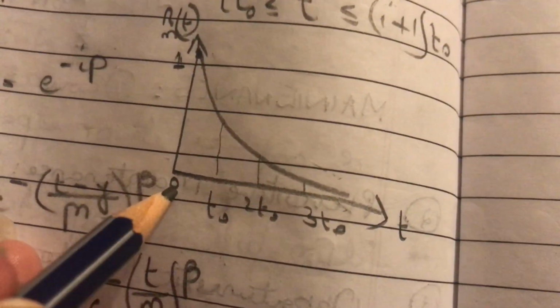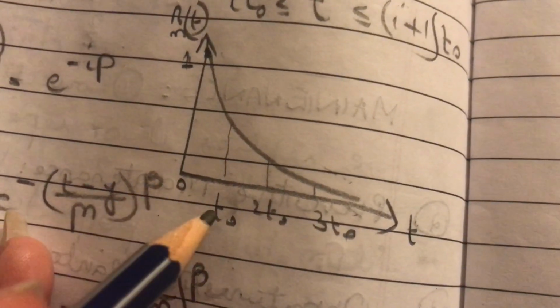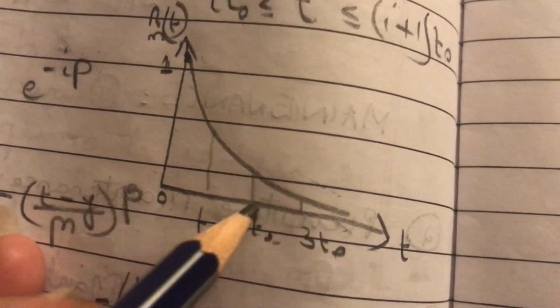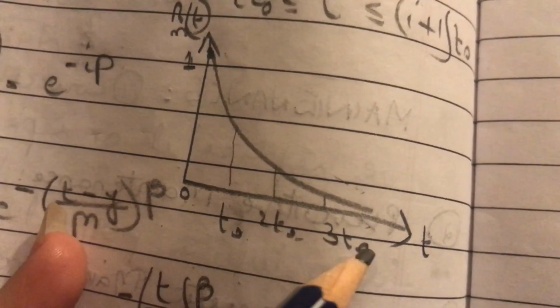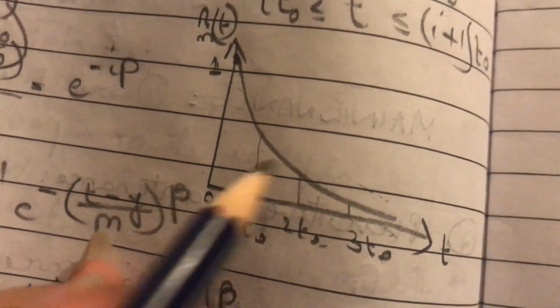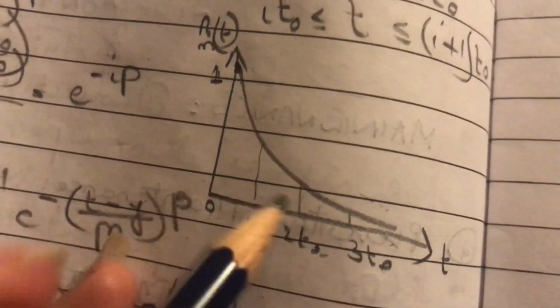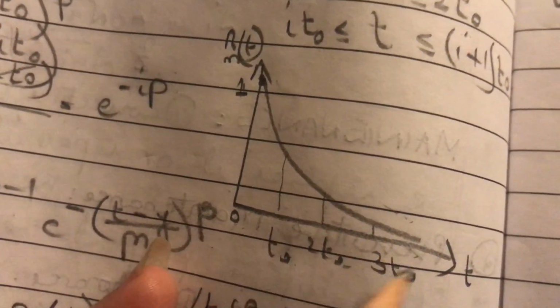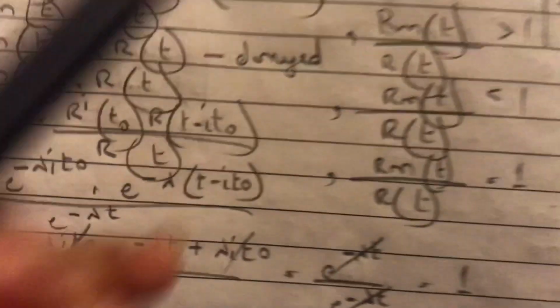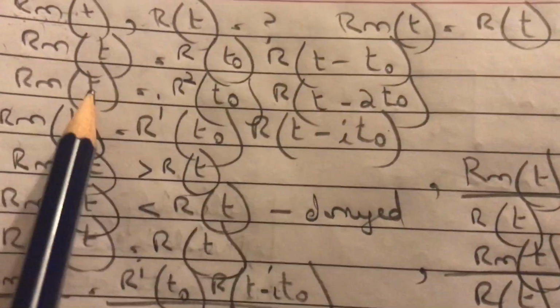So what happens when we go from 0 to t0, then from t0 to 2t0, then from 2t0 to 3t0? These are the possible values that represent our reliability when we are performing the maintenance.